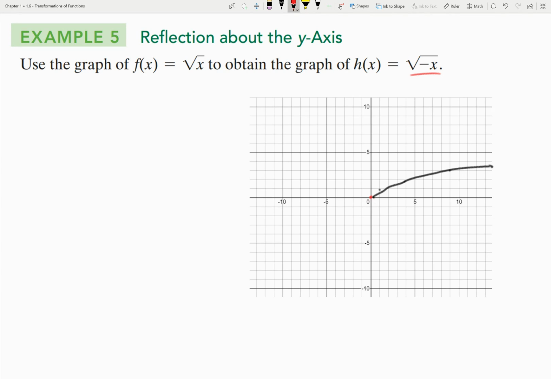This point stays the same, 0, 0. Instead of 1, 1, we turn it to negative 1, 1. The x value changes. Instead of 4, 2, it becomes negative 4, positive 2. Instead of 9, 3, it becomes negative 9, positive 3. There is a reflection across the y-axis.